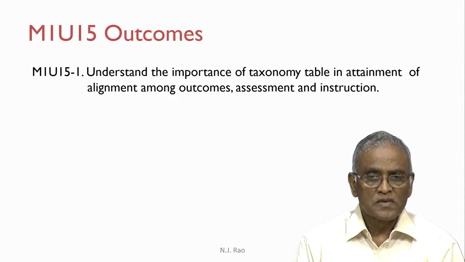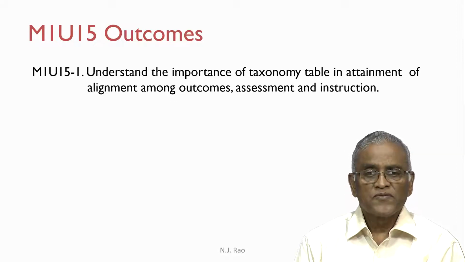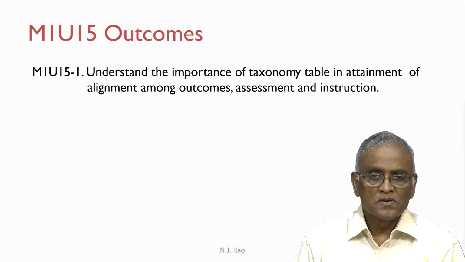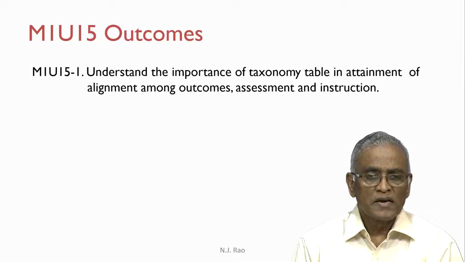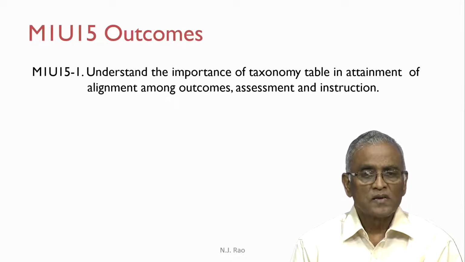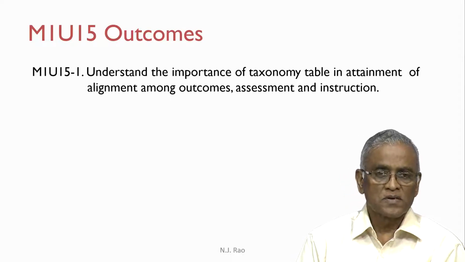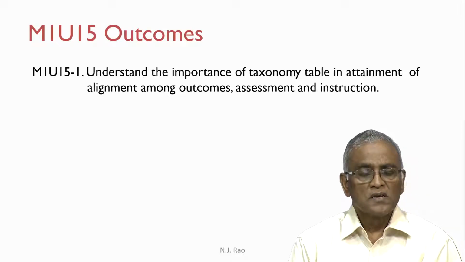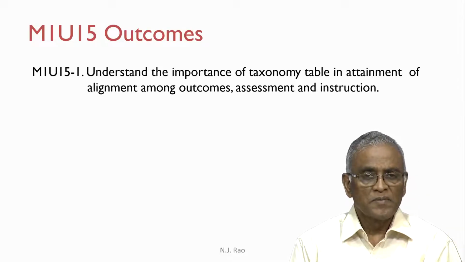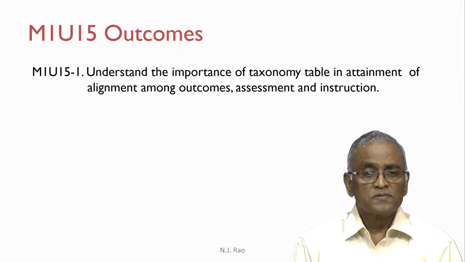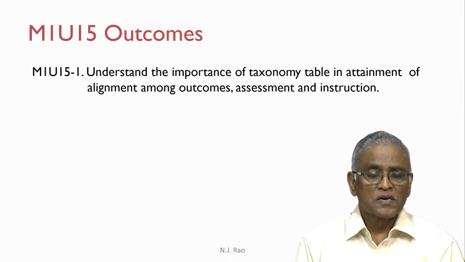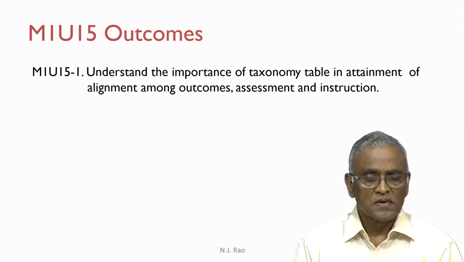And the third one is I must facilitate the students in my class to be able to perform well in my assessments. Through that we are attaining the outcomes. That is broadly. So, any course has these three elements, that is, you should be able to view a course in terms of these three elements: outcomes, assessment and instruction.